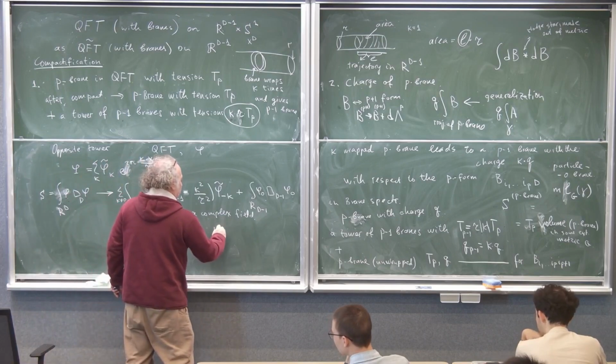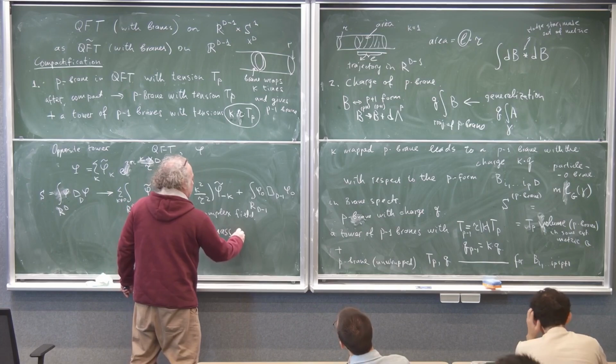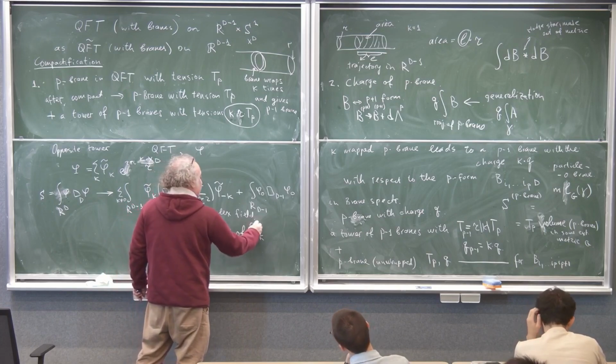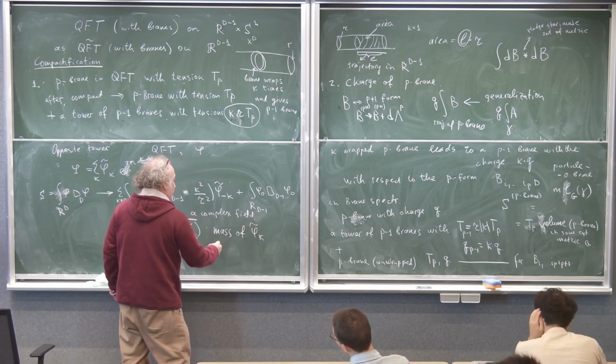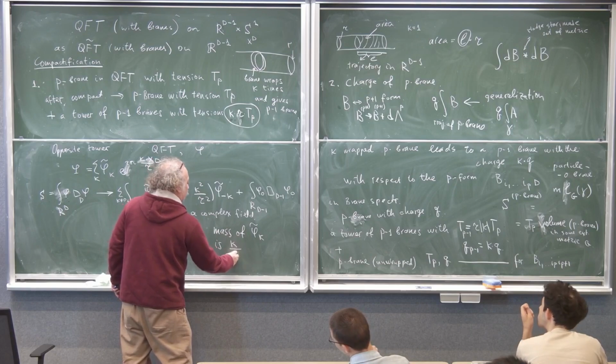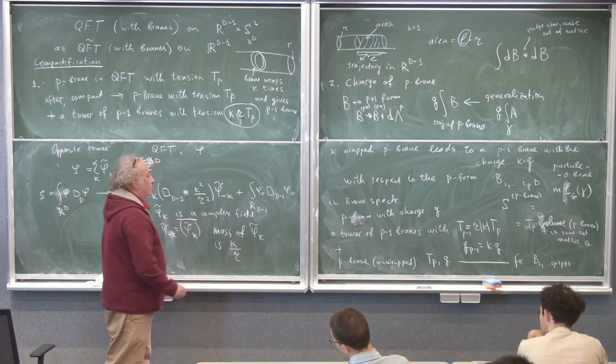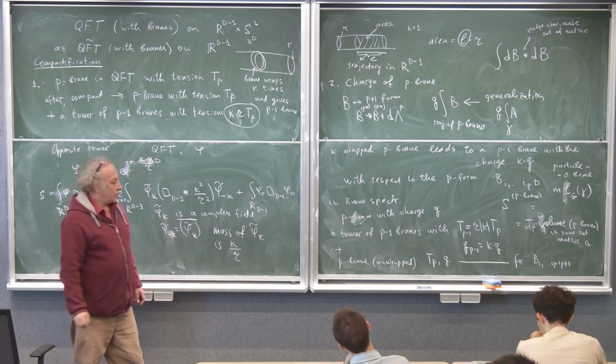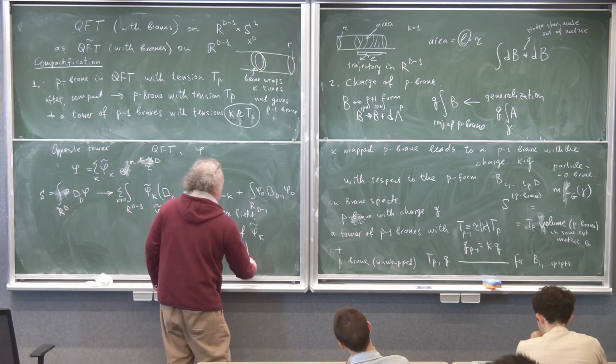And I know that the mass of phi_k tilde is k over r. They also form a tower, and this tower is called the Kaluza tower.